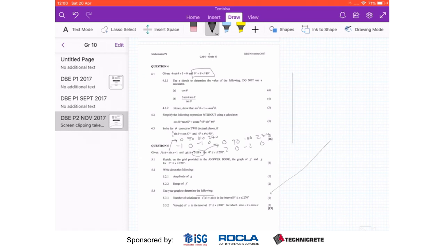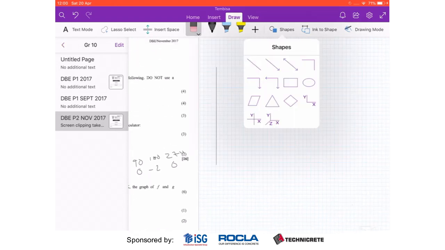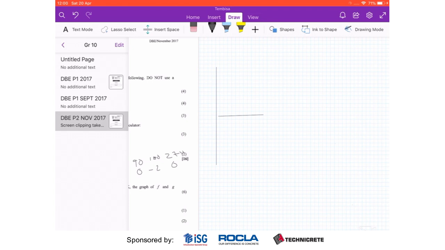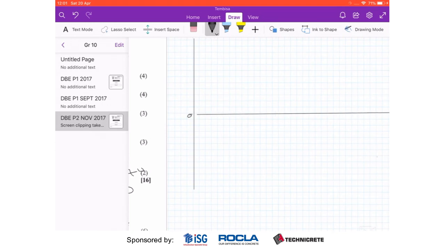Okay, and I want my shape to go this way too. Okay, so this is 0. Let's go with intervals of 30, because then it makes more sense.